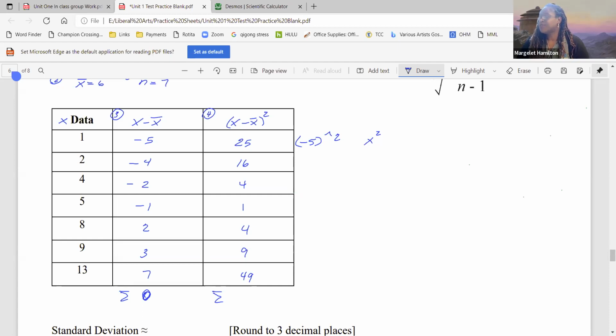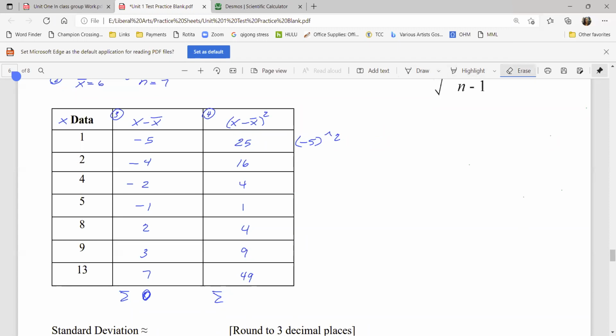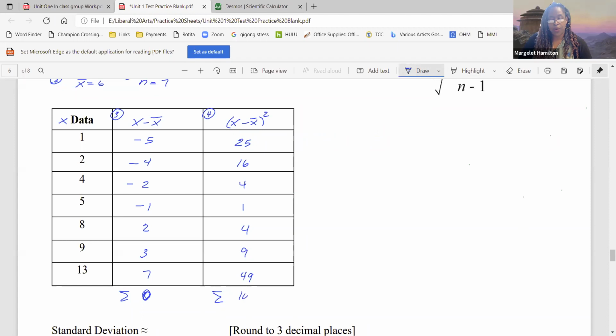Any other questions? All right, so we squared all of our terms. Now we've got to sum it up so we can get the total. What's our total here? 108. Okay, so this adds up to be 108.